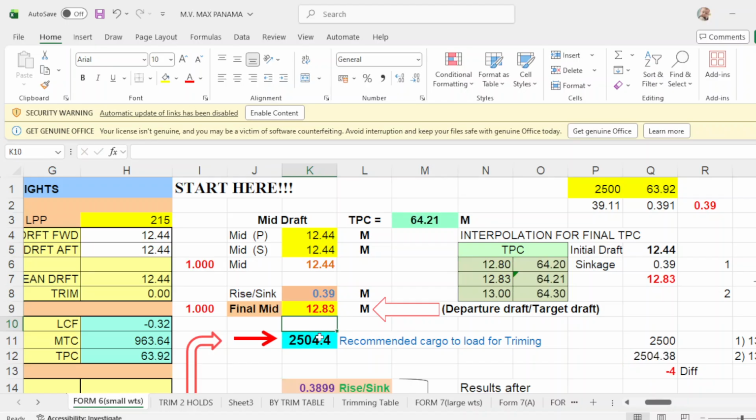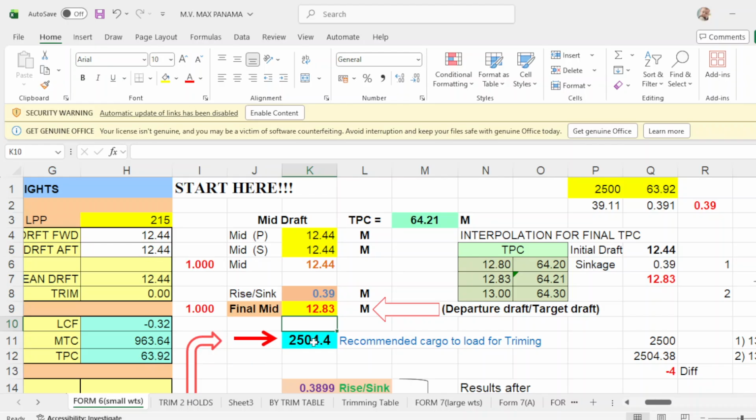Now take note that the recommended cargo to load for trimming is 2,504.4, while our target was supposed to be 2,500. Why more by 4 tons? Because with this departure draft of 12.83, you interpolate the TPC of your departure draft, and it will come up to 64.21, which is a difference, not the same as your initial TPC.